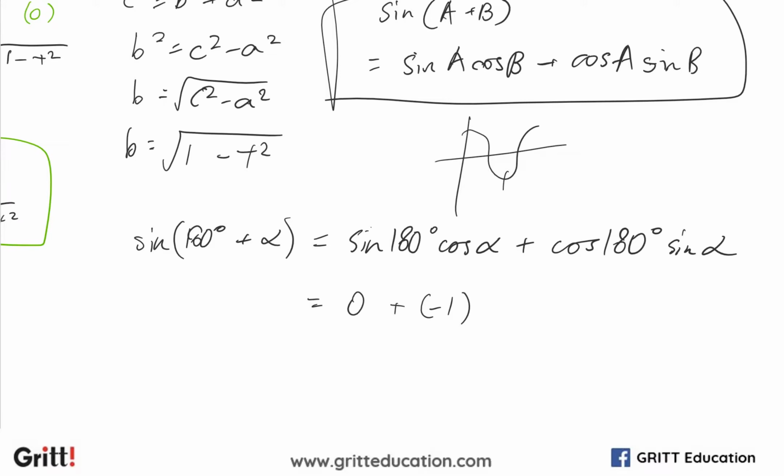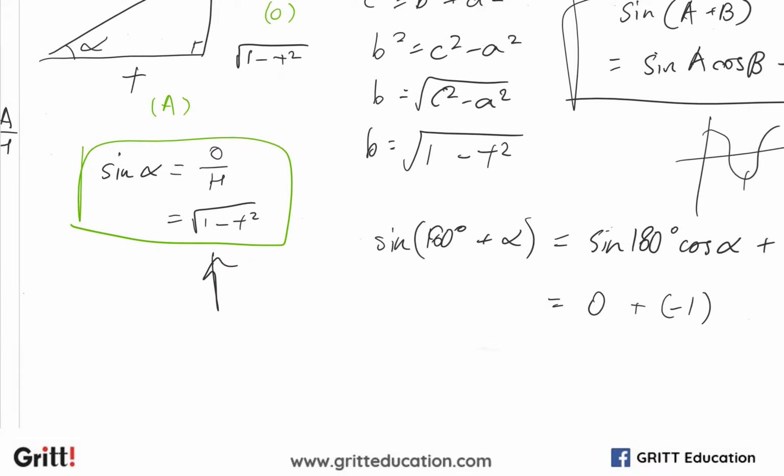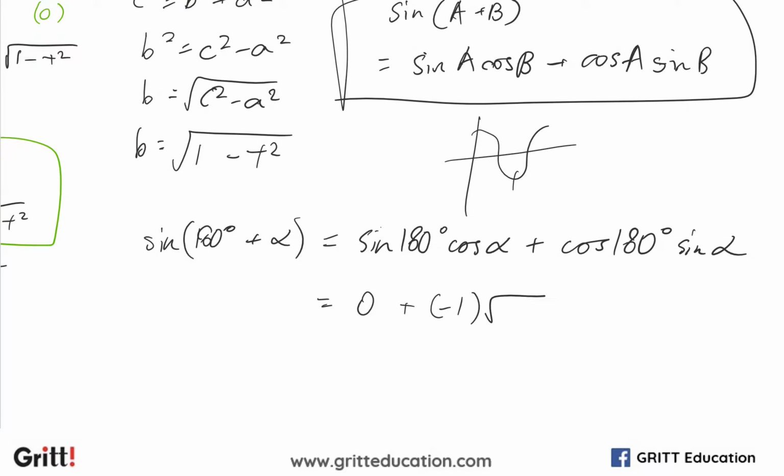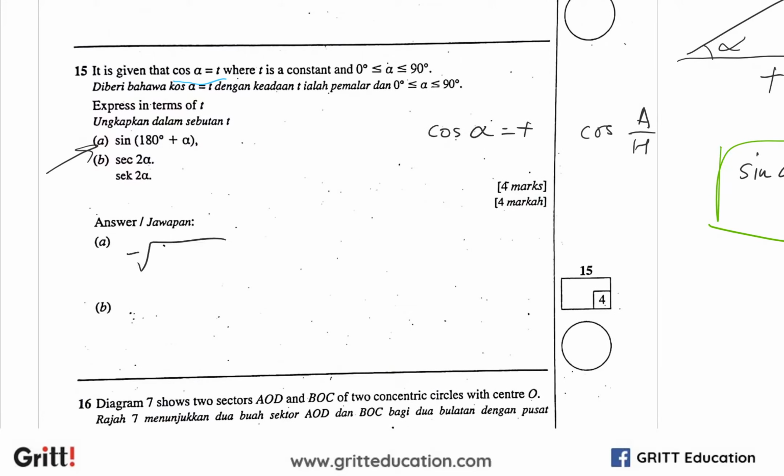So sine alpha here, we actually found out is equal to the square root of 1 minus t squared. So it means your final answer is negative square root of 1 minus t squared. So that is the answer for A.